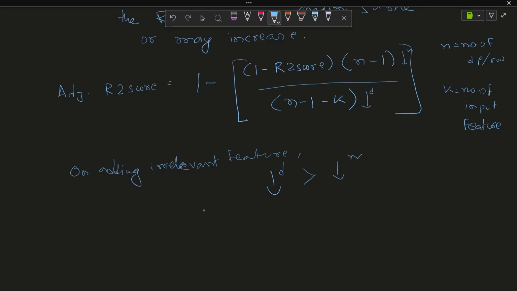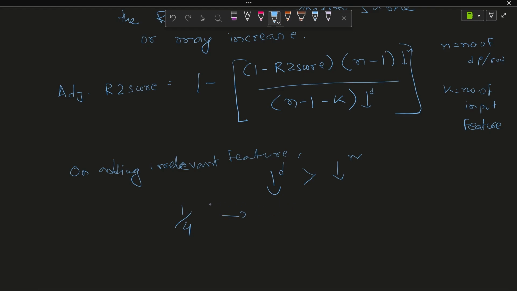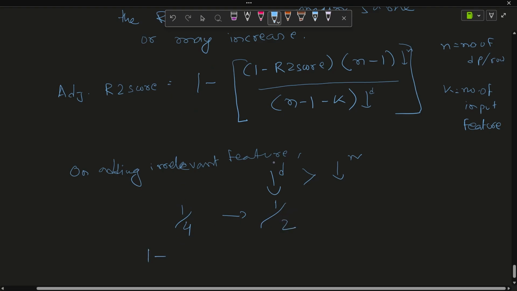So what will happen as a result? For example, this term is 1 by 4. If the decrease is more, the numerator might remain the same or it might decrease, but still I am keeping it the same. So 1 by 4 will become 1 by 2, right. So if you calculate the total thing, it will be 1 minus 1 by 2.